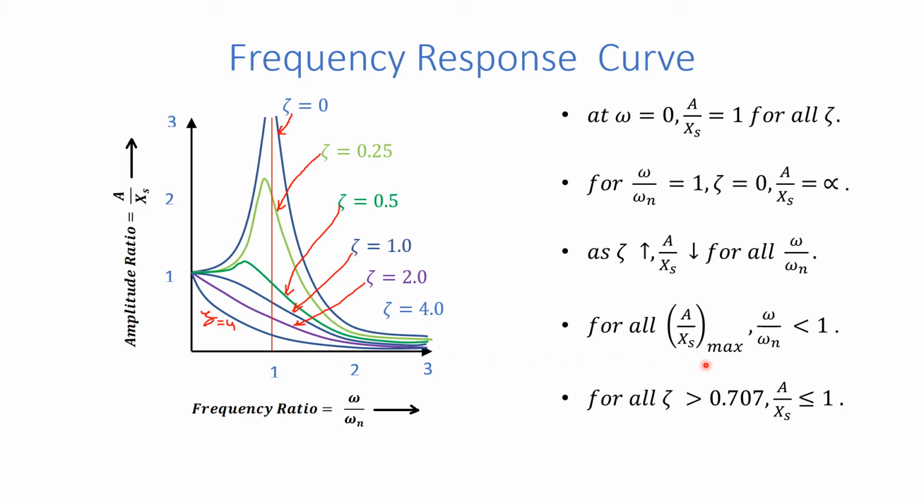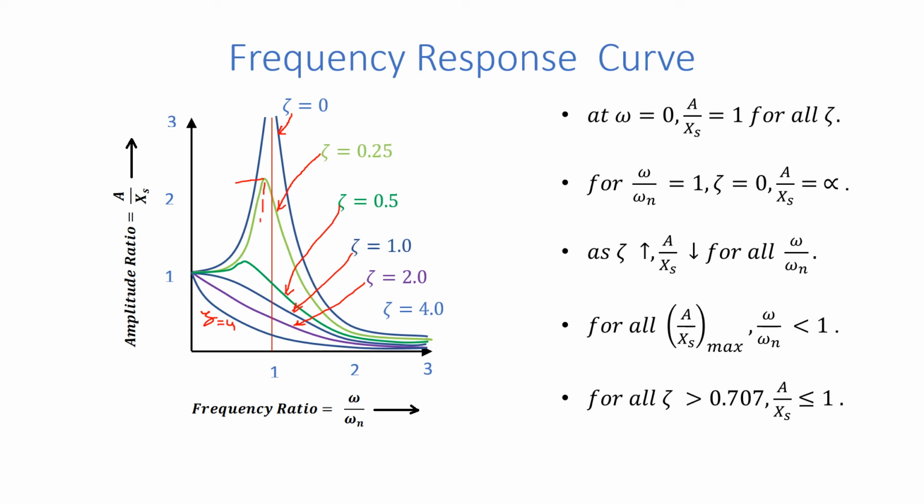Now let us focus on maximum amplitude ratio. What we observe is when omega was equal to omega n and zeta was 0, maximum amplitude was infinity. But when we introduce zeta into the system, maximum amplitude ratio for 0.25 is this much.